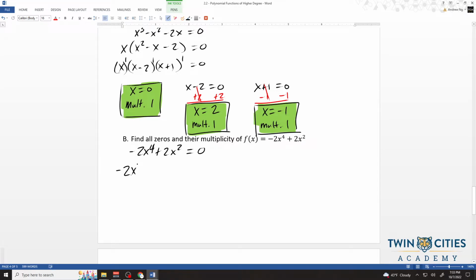So the greatest that they have in common is x squared. This will leave me with, let's see, negative 2 divided by negative 2. That's just going to be 1. And then x to the 4th divided by x squared. So I've got x squared left here. And then 2x squared divided by negative 2x squared is minus 1. Okay, and this is still equal to 0.